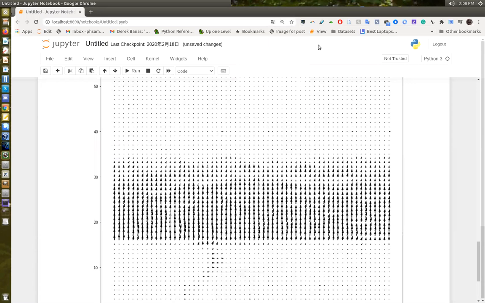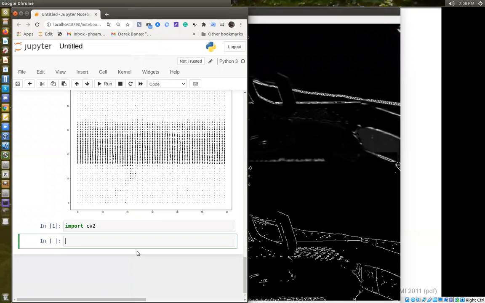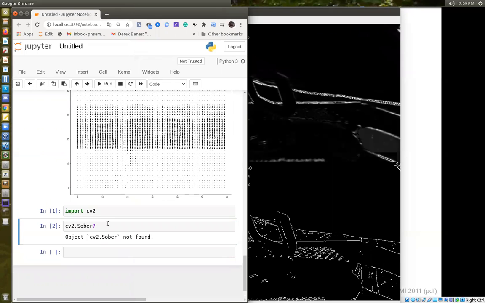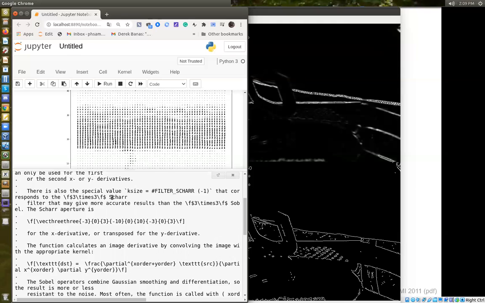So you can just, oh, it doesn't have, oh, Sobel. I don't spell it correctly, I think. So I changed the kernel size. Actually, I changed the kernel size. Let's see what parameters I.